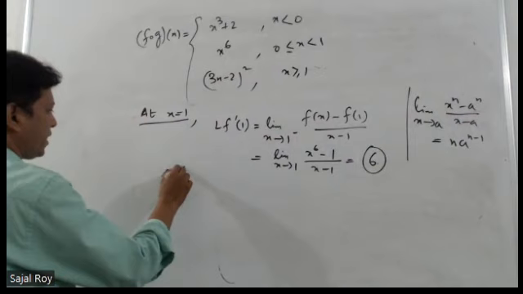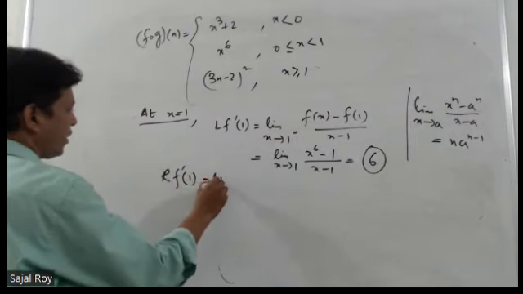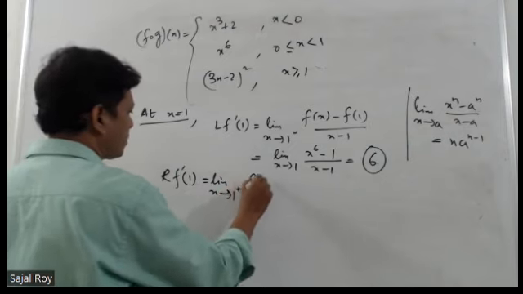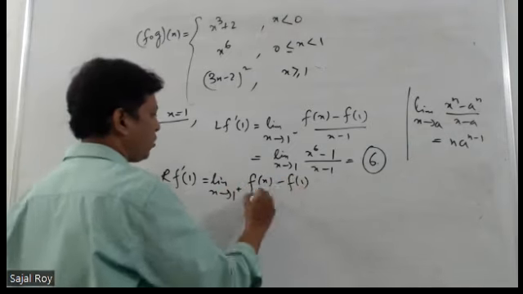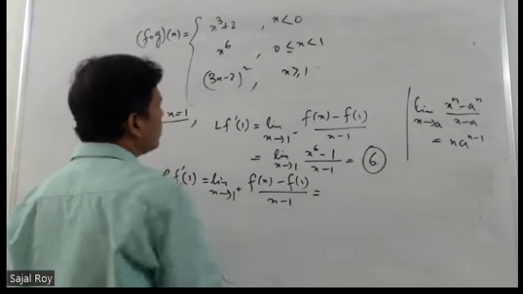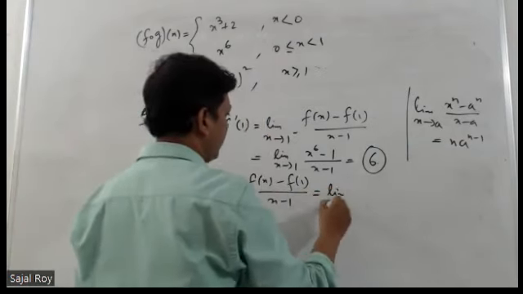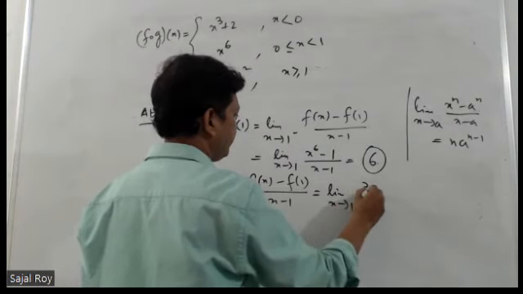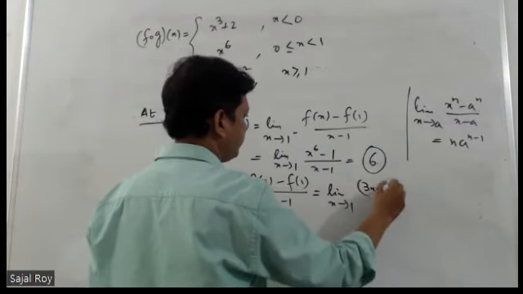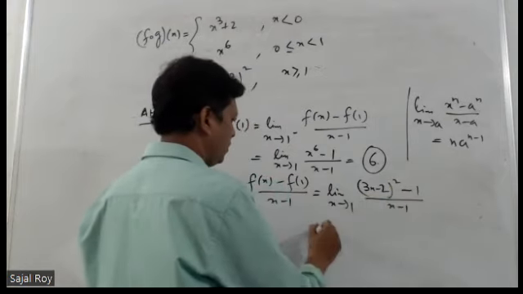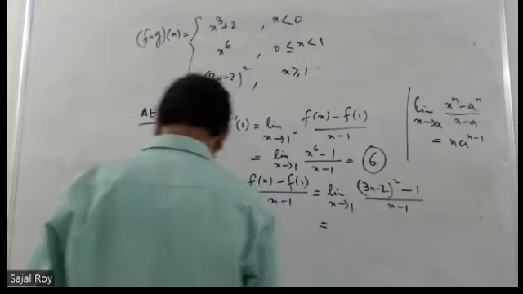And what is your right hand derivative? Right hand derivative will be limit x tends to 1 plus fx minus f1 over x minus 1. So that is 3x minus 2 whole square minus 1 over x minus 1.